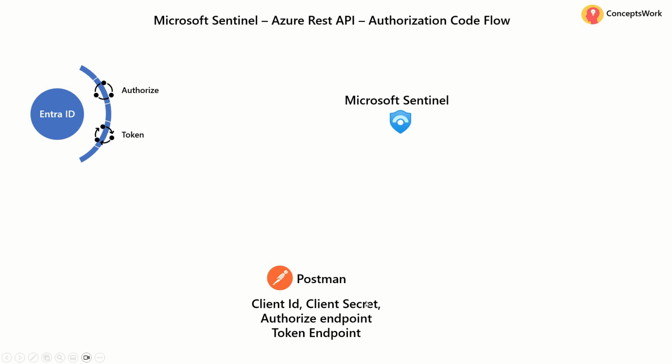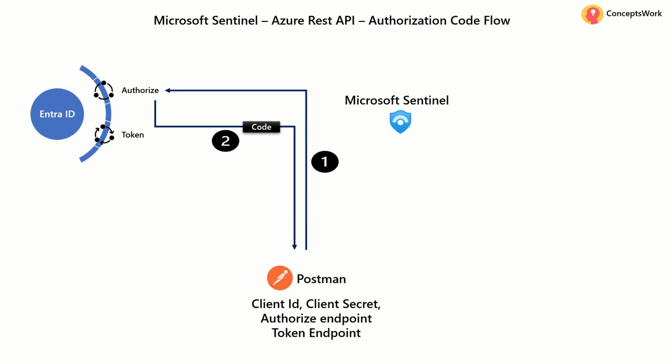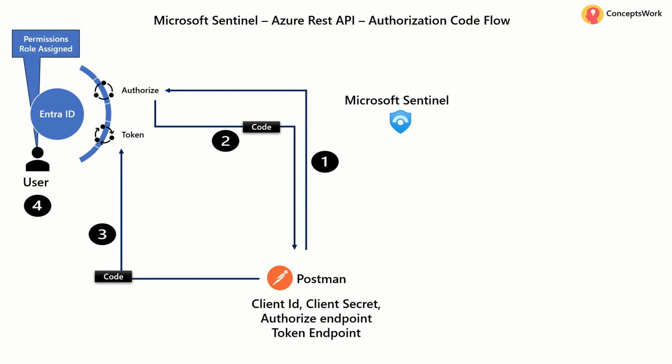And the moment we provide these details in Postman, let me just walk you through quickly how exactly the authentication process is going to work. The first step will be reaching the authorization endpoint, from which a code will be given. And then this code will be used to request a token for the specific user, because the moment you reach the token endpoint, the user will be prompted to give credentials. And once this process is completed, then we have the token.